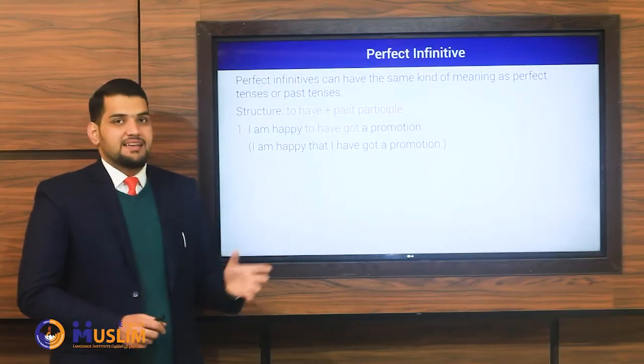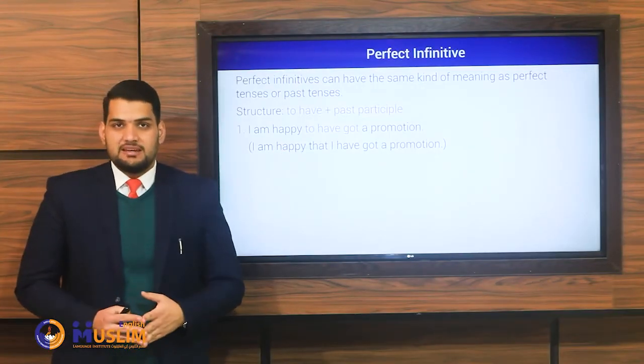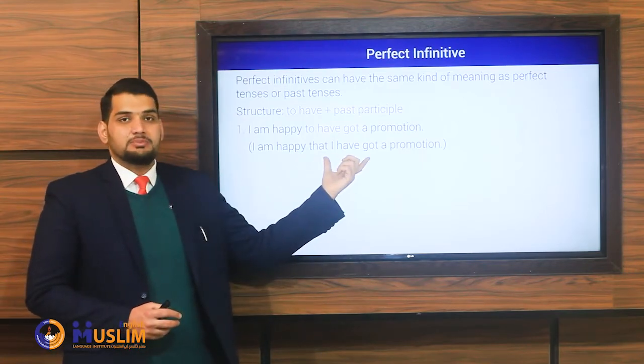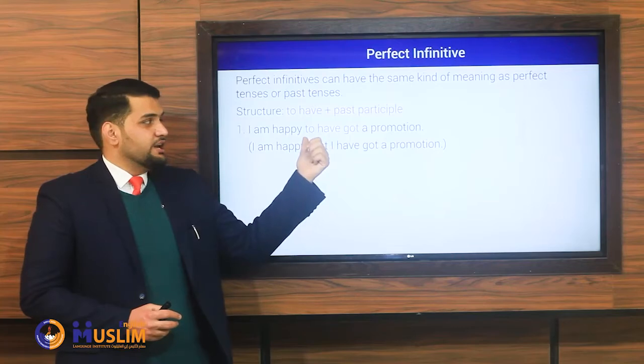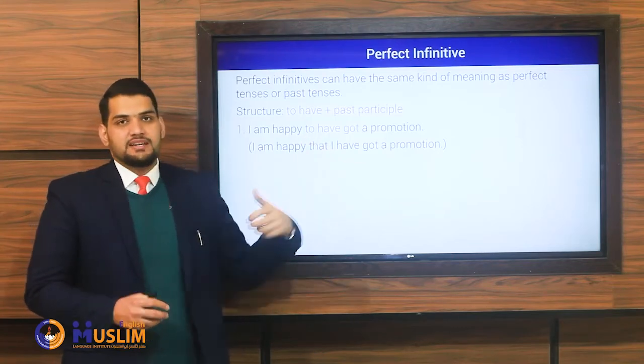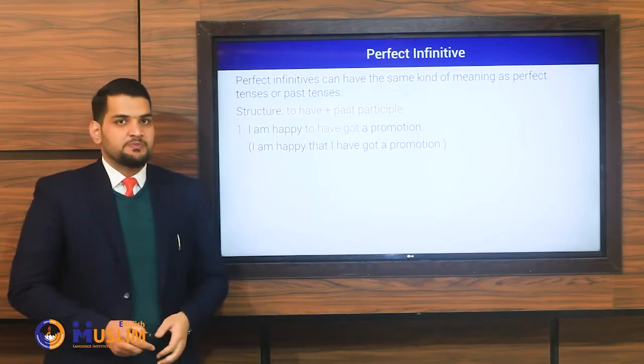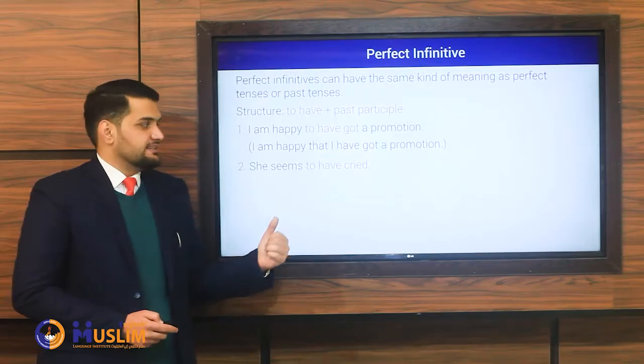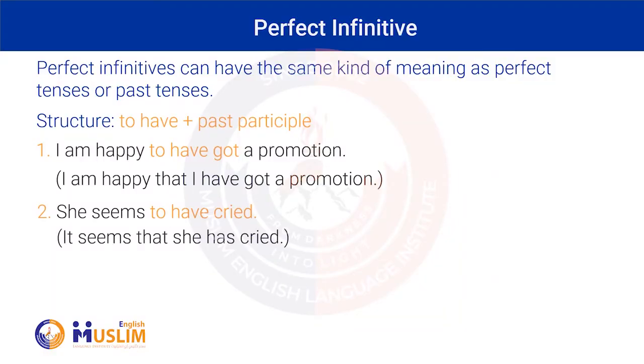These 2 sentences have got 100% the same meaning, but the only difference is that here we have got a complete clause, but here we have said the same clause using a perfect infinitive. Another example, she seems to have cried. You can say the same sentence like this also. It seems that she has cried.